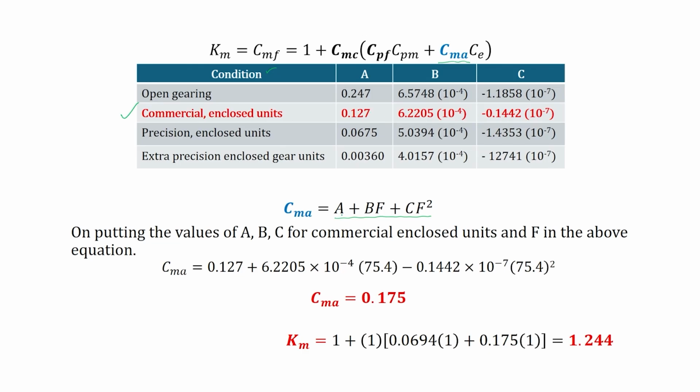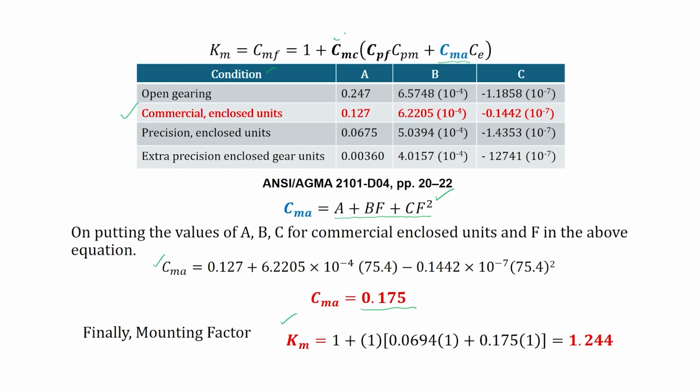Substituting this A, B and C and F in this formula, we get the value of CMA. Then finally, we have the Km. After substituting all the constants CMC, CPF, CPM, CMA, CE, we get the load distribution factor or the mounting factor equal to 1.244.